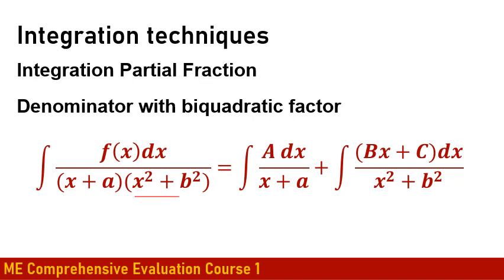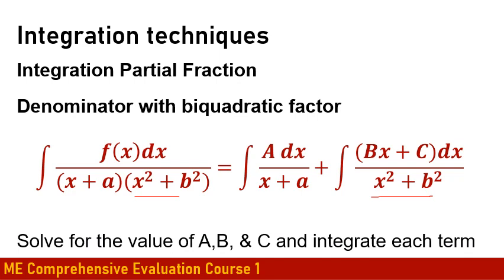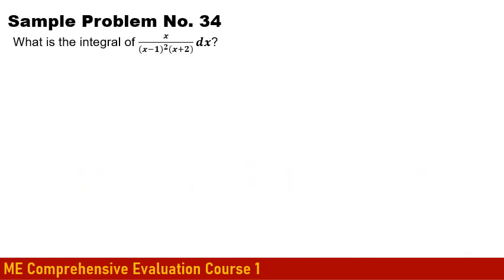So we can have the partial fraction as the integral of a dx over x plus a, plus the integral of bx plus c dx over x squared plus b. So for the quadratic factor, its numerator will have the constant b multiplied by x plus the constant c. Then we solve for the values of a, b, and c and integrate each term.